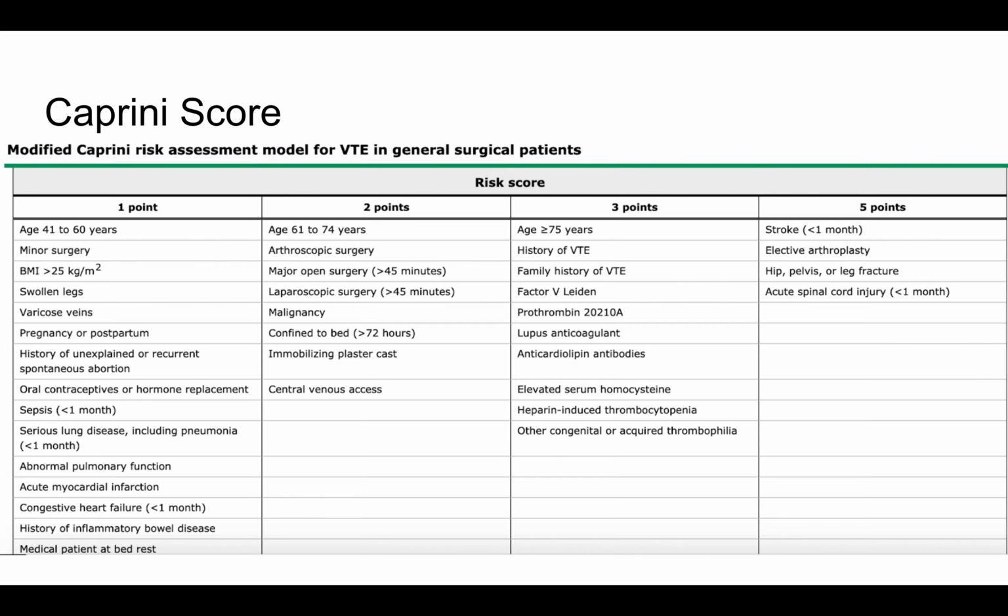There are a lot of risk factor models. And so this is the Caprini risk model for VTE risk in general surgery patients. And so it goes by a point-based system.